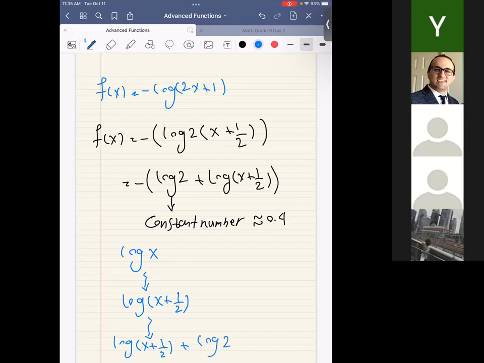This is a vertical transformation because log 2 is a number around 1/2, and then at the very end, you just multiply it by -1. You just flip the whole graph around the x-axis.